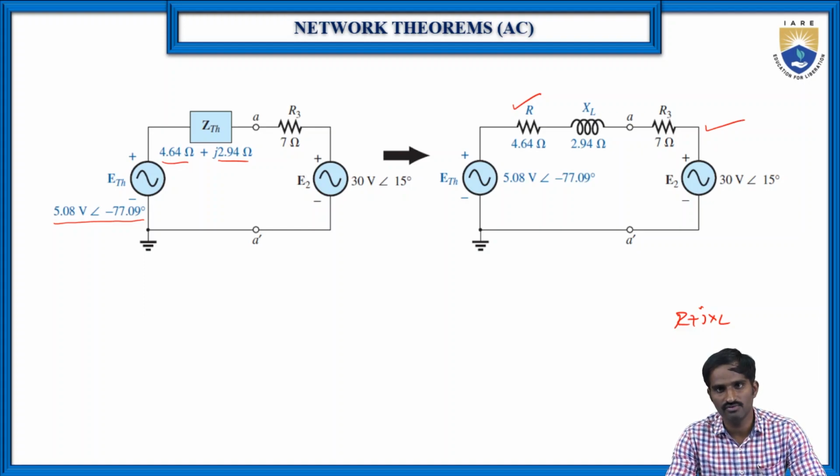Why do we need the Thevenin's equivalent circuit? Now you can find the current flowing through the R3 resistor by finding the total impedance.